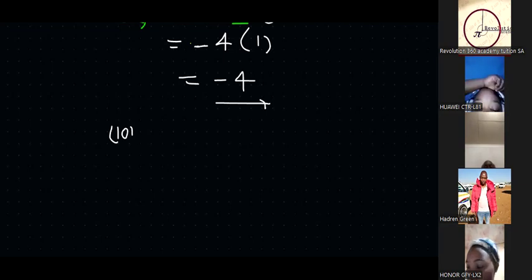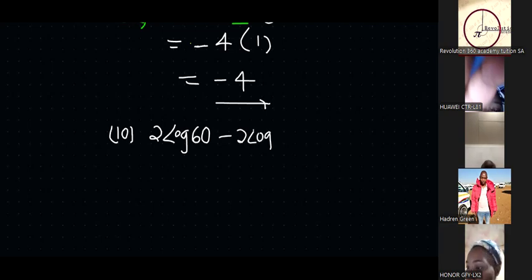On number 10, they're giving you what? 2 log 60. And then after 2 log 60, they're saying -2 log 2. -2, the log of 2. And then -2 log 3.